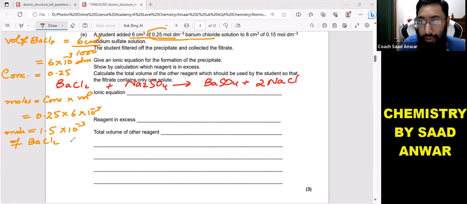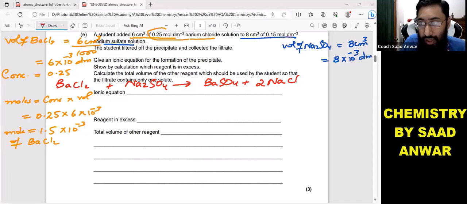The other thing is sodium sulfate. The volume of sodium sulfate given in the question is 8 cubic centimeter. I will divide this by 1000, so it is 8 into 10 raised to power minus 3 cubic decimeter. Concentration is 0.15 mole per cubic decimeter.